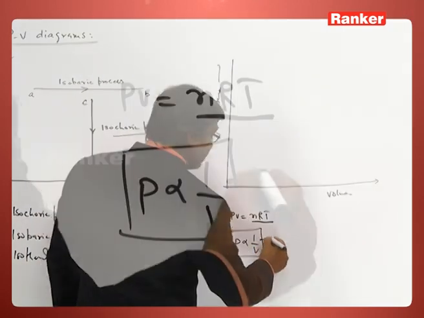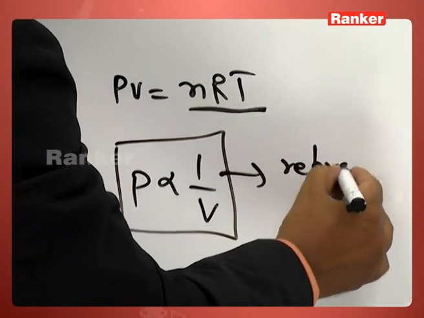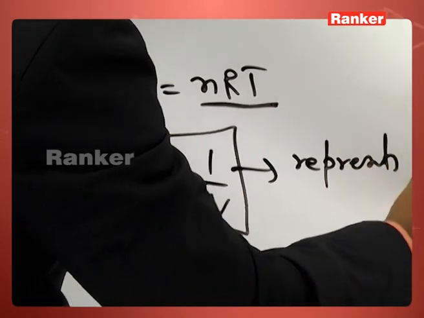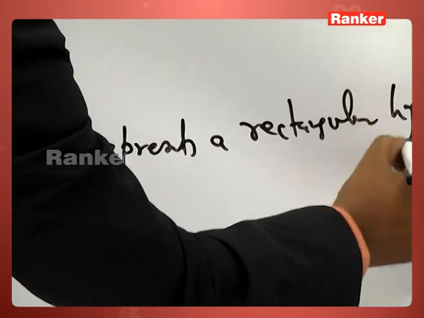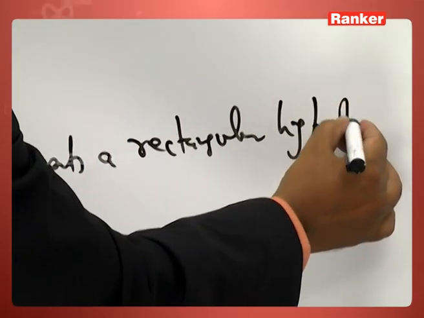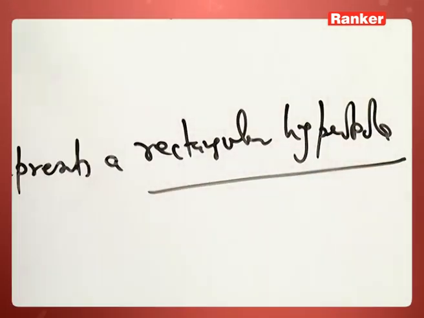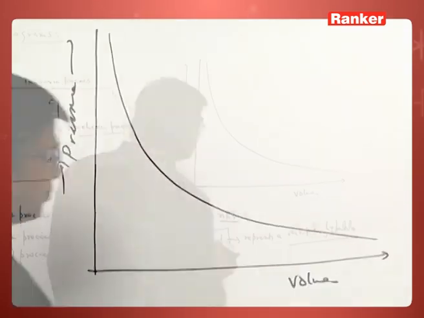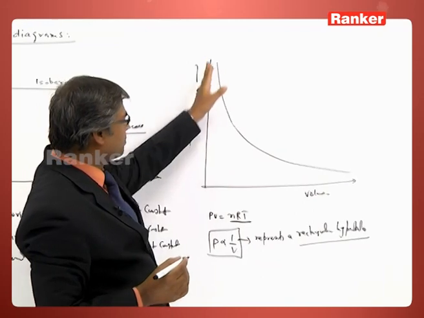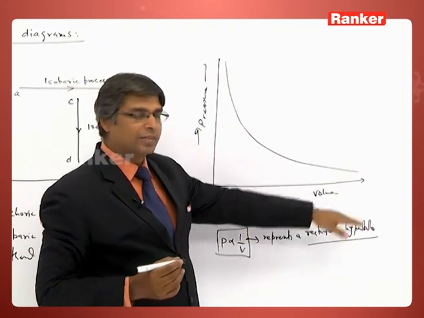So, this represents a rectangular hyperbola. The asymptotes are the pressure axis and the volume axis.